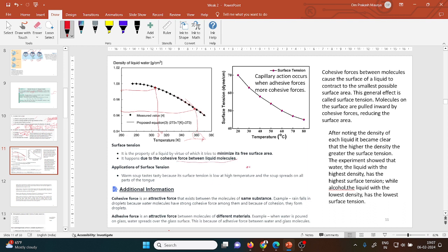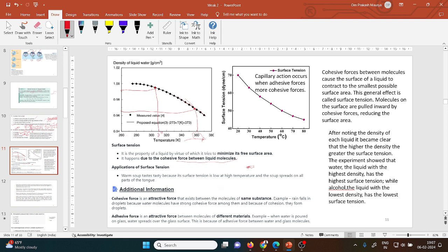If the cohesive force between the molecules is very high, then in a smaller volume more fluid particles can be kept. So if the cohesive force is more, this is the idea.